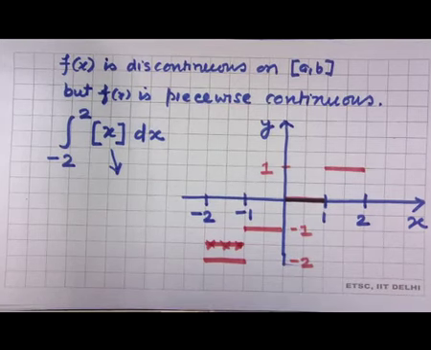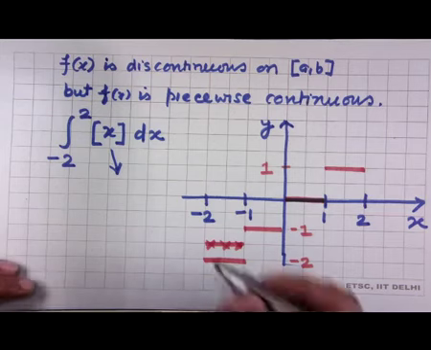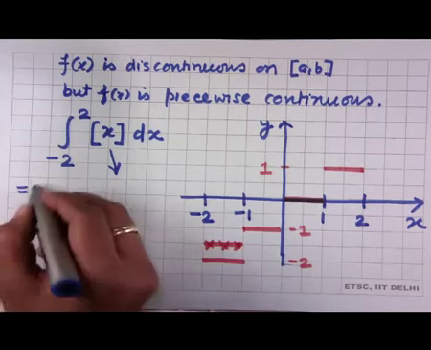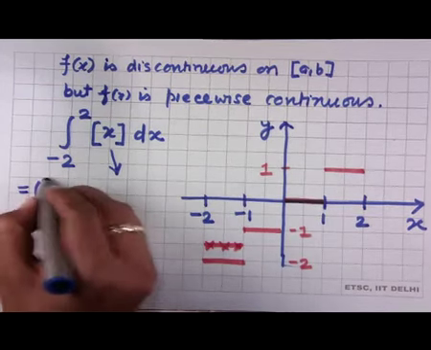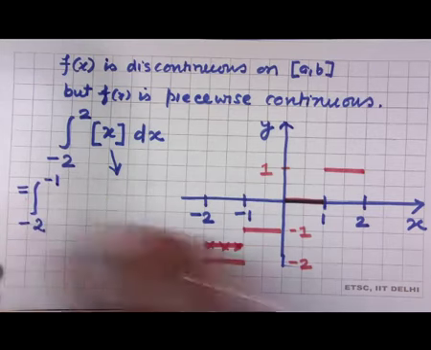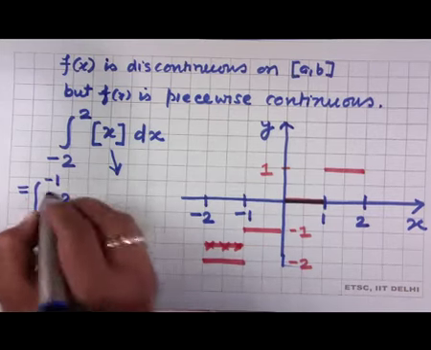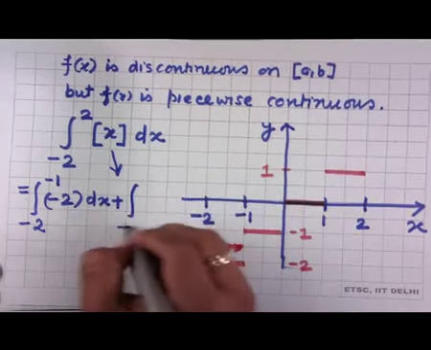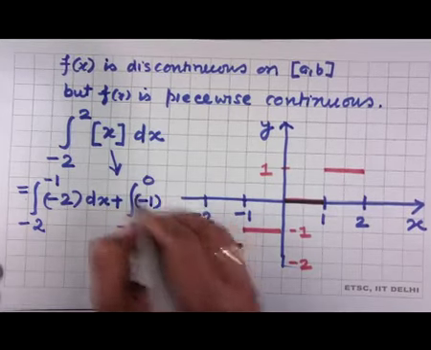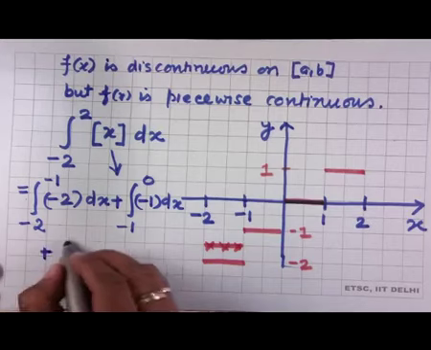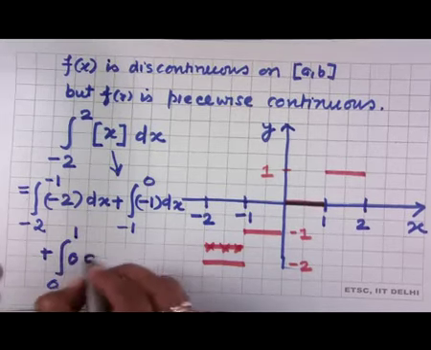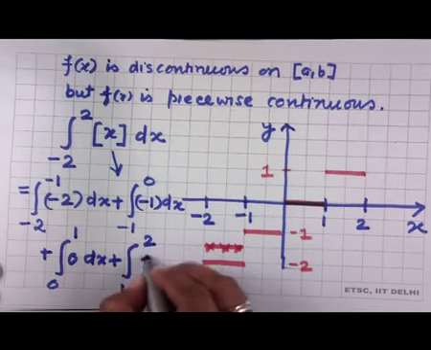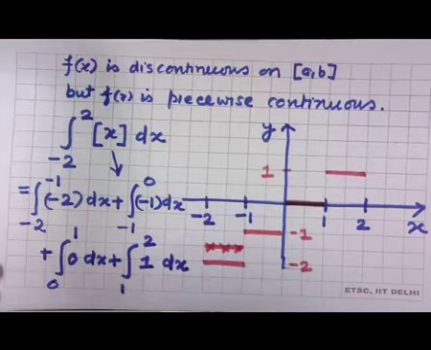So if you want to integrate this in this interval, you can write this integral as equal to the integral from minus 2 to minus 1 where the function value is minus 2, plus from minus 1 to 0 the function value is minus 1, plus 0 to 1 the function value is 0, plus 1 to 2 the function value is 1, dx.